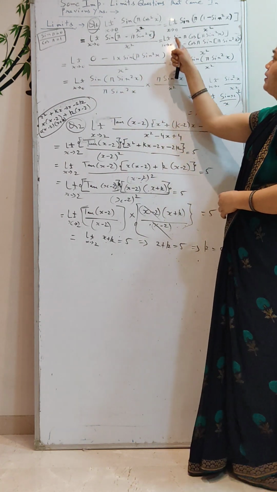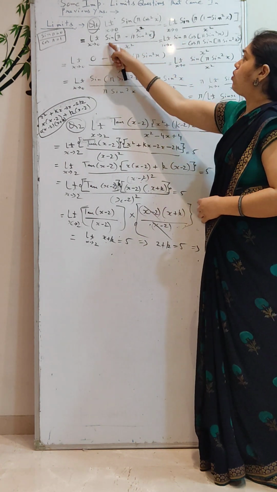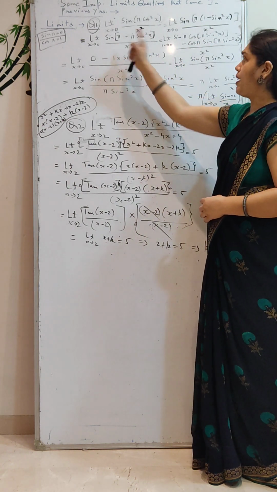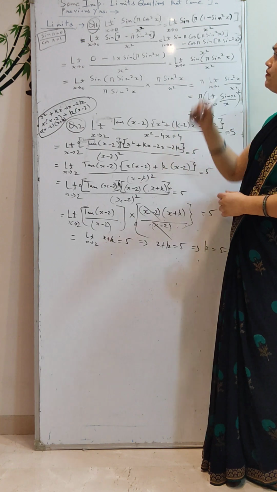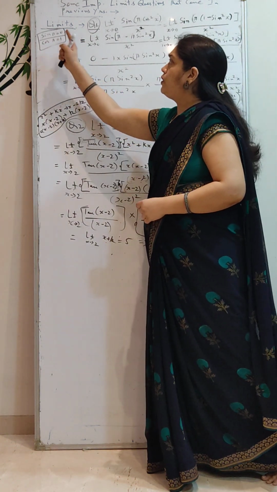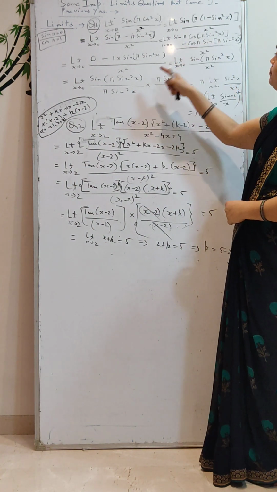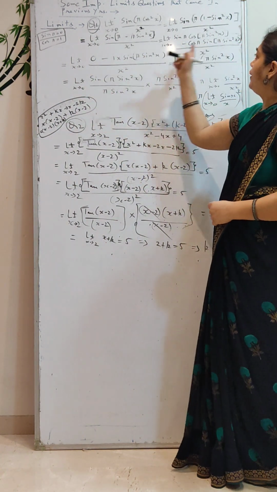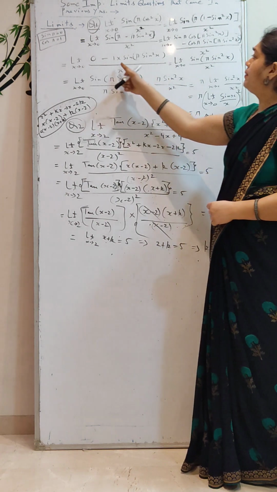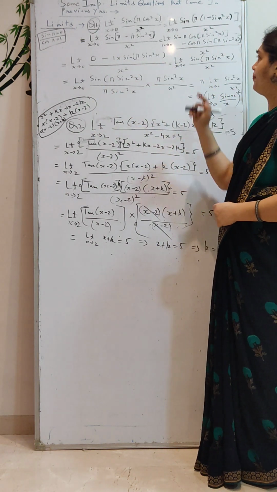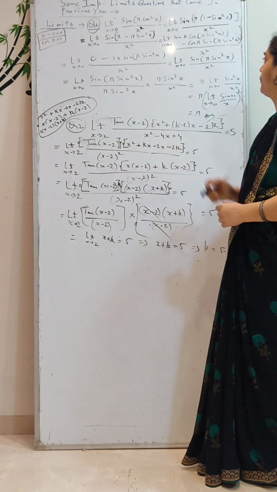It will be sin pi cos(pi sin square x) minus cos pi sin(pi sin square x). As we know that sin pi is equal to 0 and cos pi is minus 1, the first term will become 0, and due to cos pi the result will be sin(pi sin square x) upon x square.